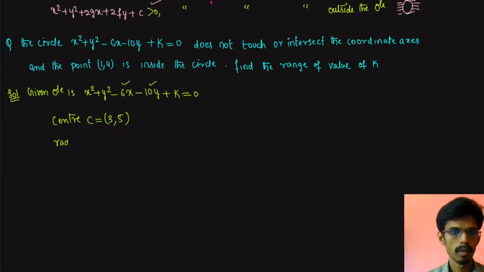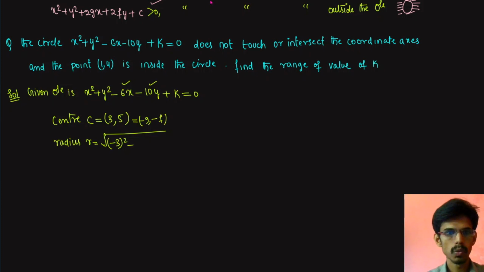Now radius will be r equal to the square root of g square plus f square minus k. G square means minus 3 square, because the center is minus g comma minus f. So minus 3 square plus minus 5 square, and here we have plus k, so take minus k using the formula of radius, root g square plus f square minus k.